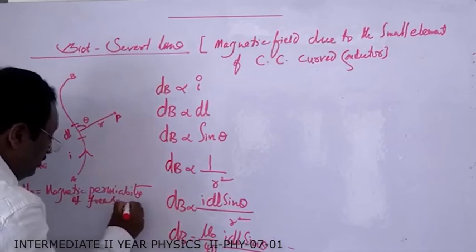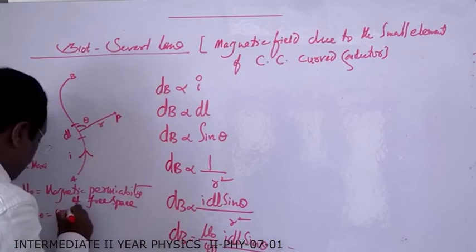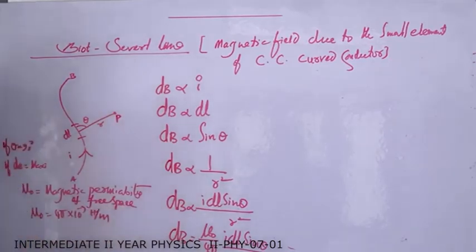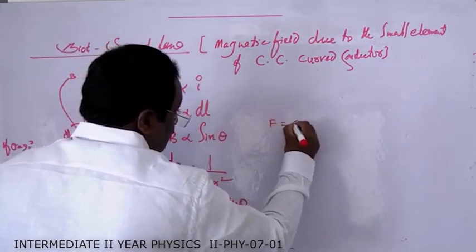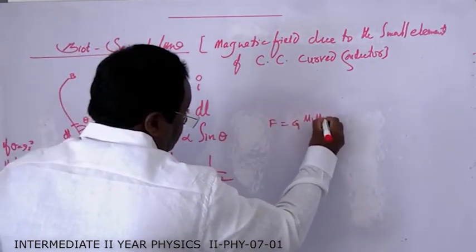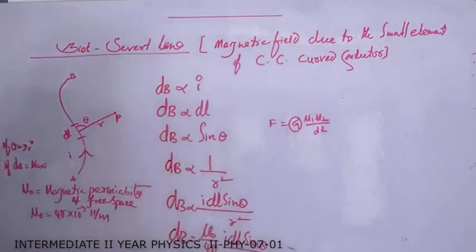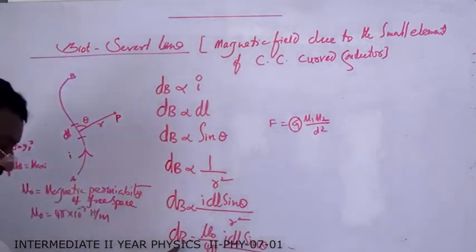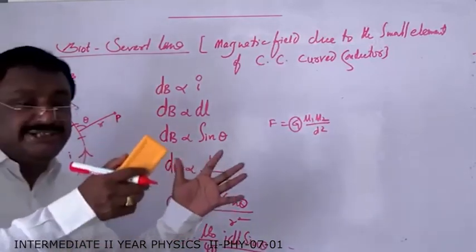Its value is constant: mu naught is 4 pi into 10 to the power of minus 7 Henry per meter. Now you know Newton's universal gravitational constant in the gravitation law. Newton's gravitational constant does not depend upon the intervening medium, whereas here the field depends upon the medium in which the conductor is present.